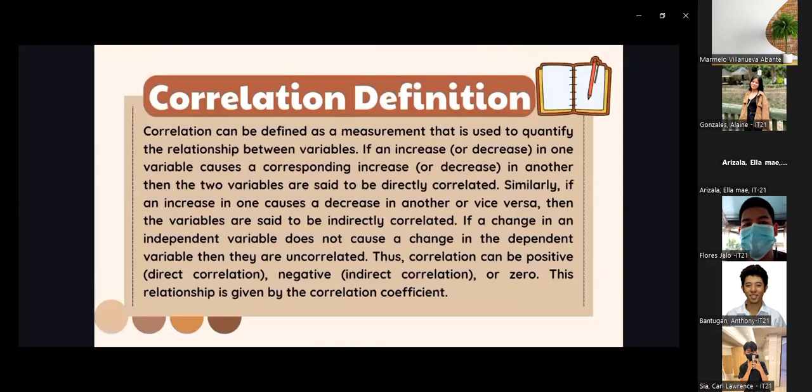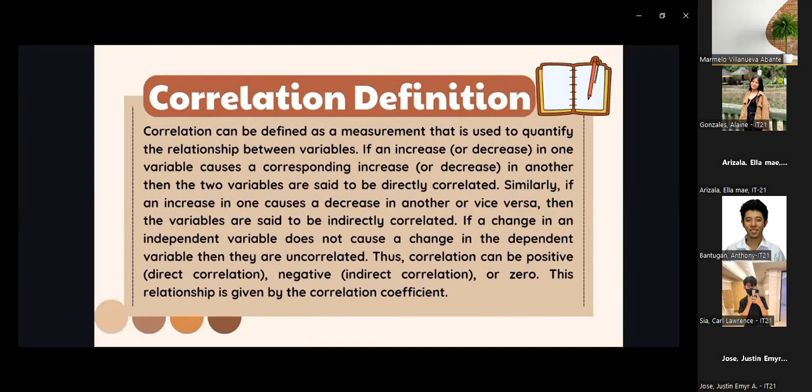Correlation can be defined as a measurement that is used to quantify the relationship between variables. If an increase or decrease in one variable causes a corresponding increase or decrease in another variable, then the two variables are said to be directly correlated. Similarly, if an increase in one causes a decrease in another or vice versa, then the variables are said to be indirectly correlated.